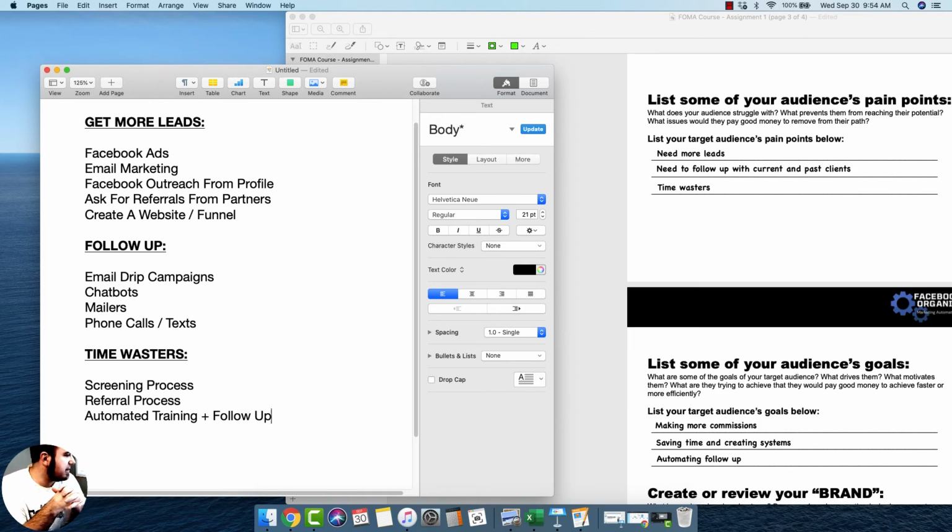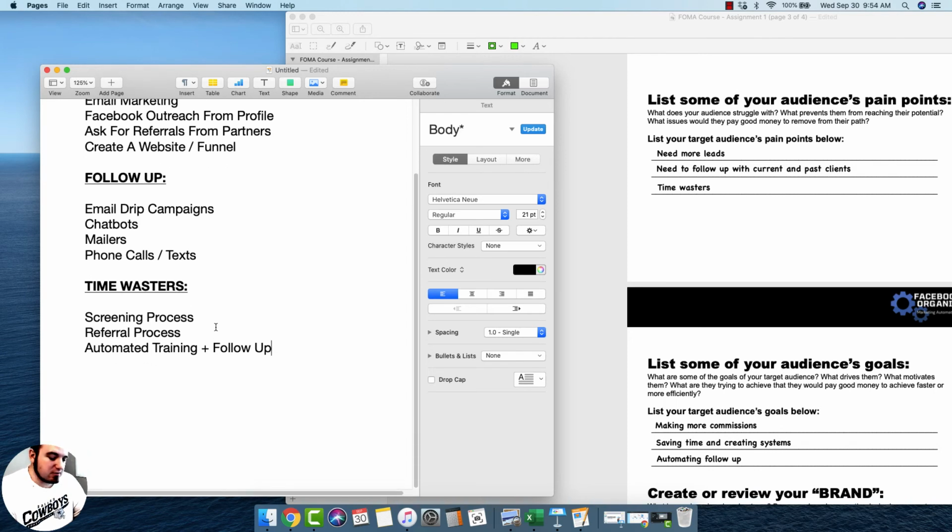It's just part of the job. But if we put some of these systems in place, it will reduce the time suck on our agents. So those things can help us address their pain points, right? So we can put a package together including some or all of these things if we dial it in, and that will drive them to want to work with us.